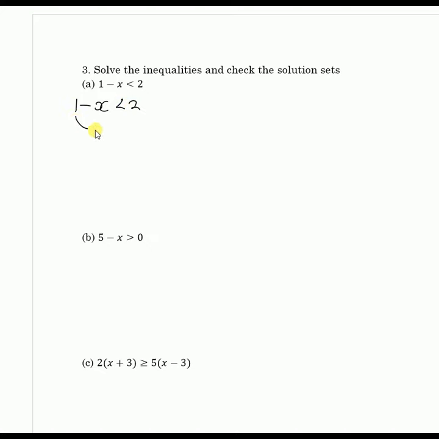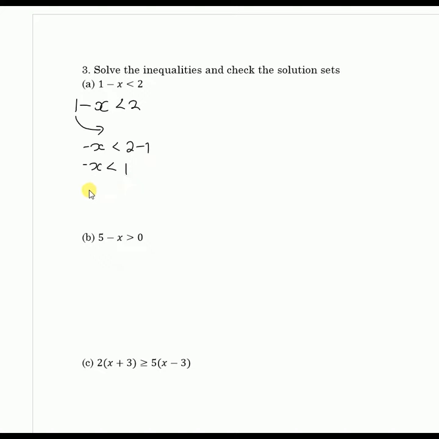Let the 1 go to the right hand side of the inequality, and the left hand side remain with negative x less than 2 minus 1. The 1 has crossed the inequality sign and it becomes a negative. So now we have negative x is less than 2 minus 1, which is 1.